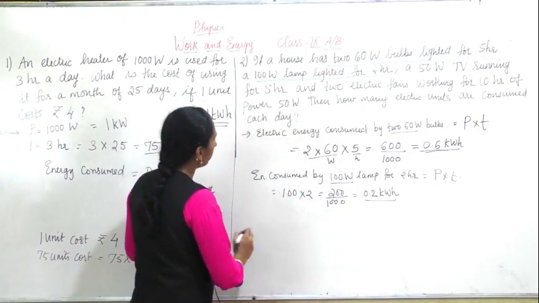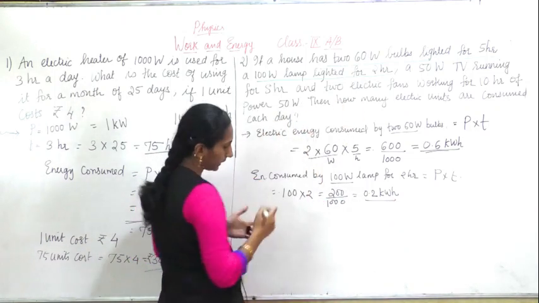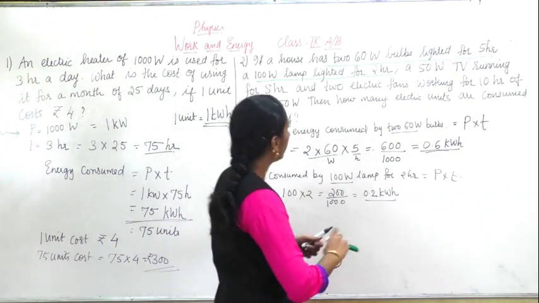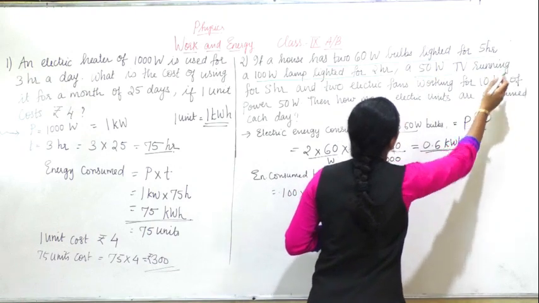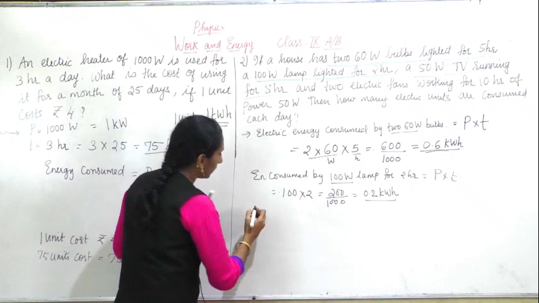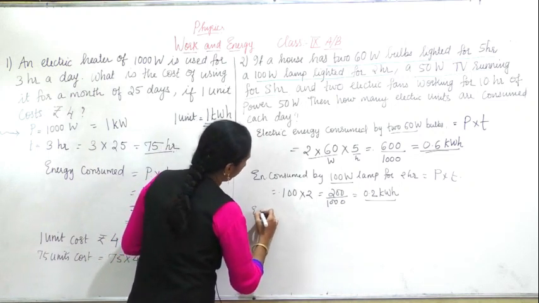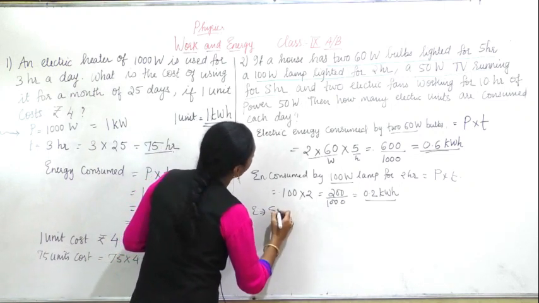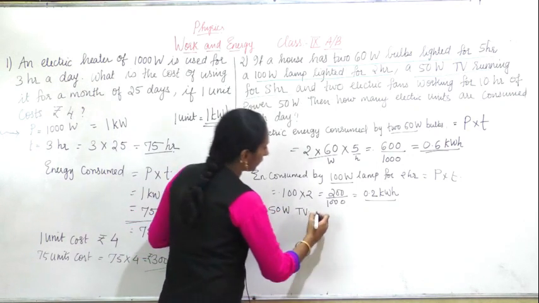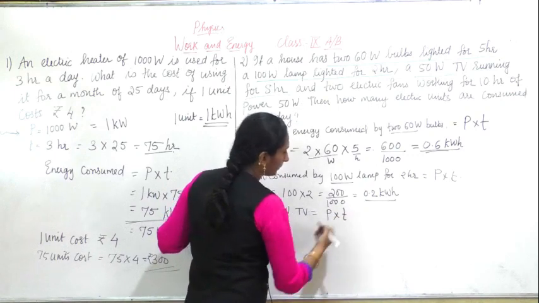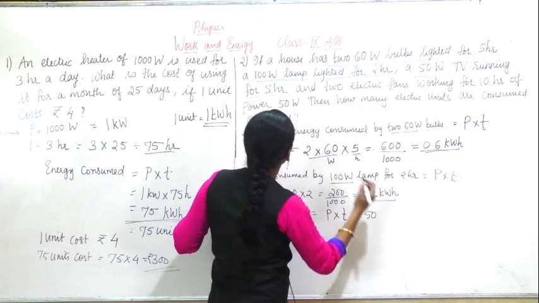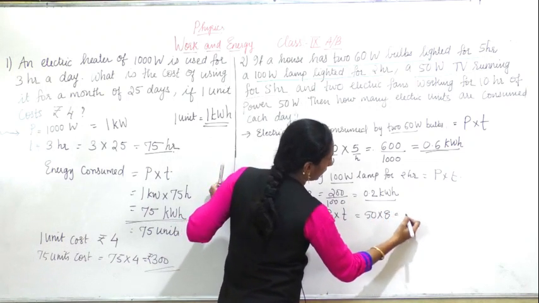Similarly, you will find the next condition. See here, 50 watt TV running for 8 hours. Again you will write energy consumed by a 50 watt TV. Again power into time t, which is 50 into time 8 hours. 8 5s are 40.